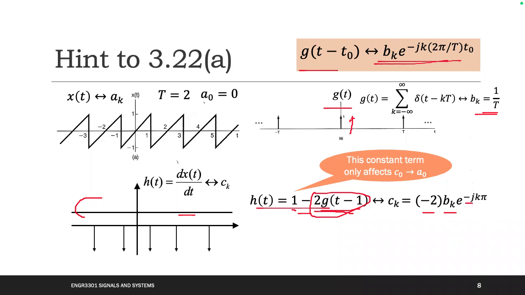Why would it be flipped? Because here it is negative jk, so when we plug in t naught as negative 1... No, t naught should be this one. You can compare this one to this one. Oh, t naught is just 1. Just pay attention, because many students are confused by this one.